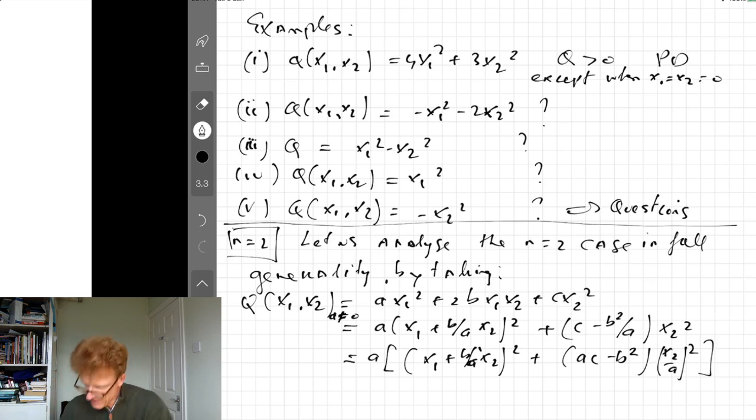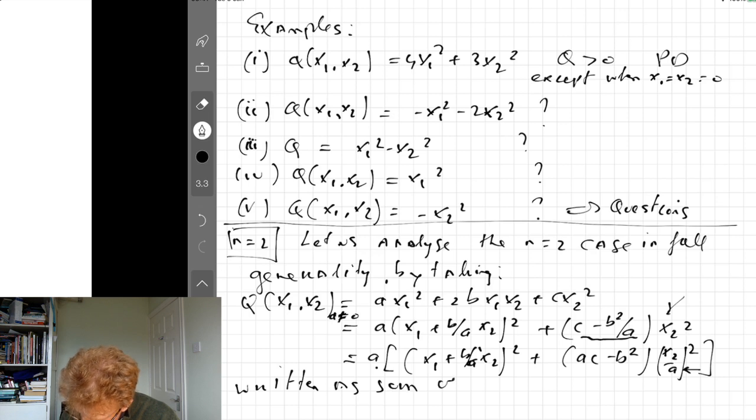So we divided here by a and then multiplied this one by a, and then we put this one in front, so we pick up another a, which is why we have an a squared there. This is written as the sum of two squares.